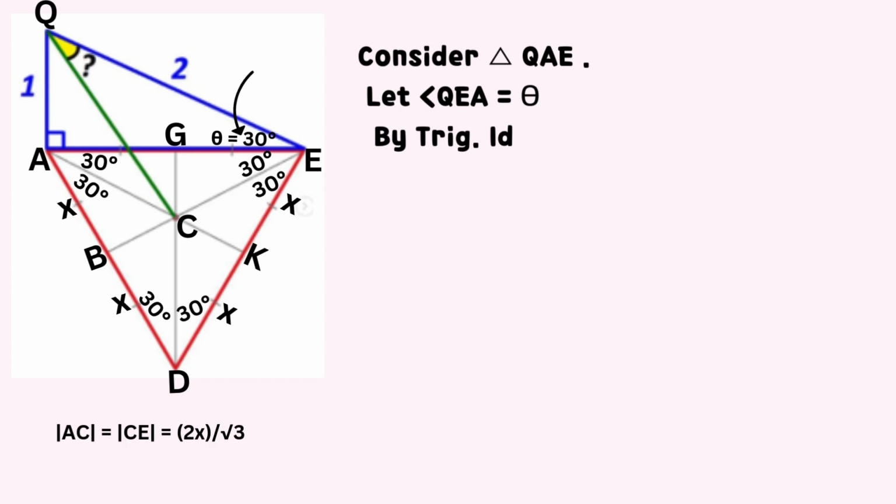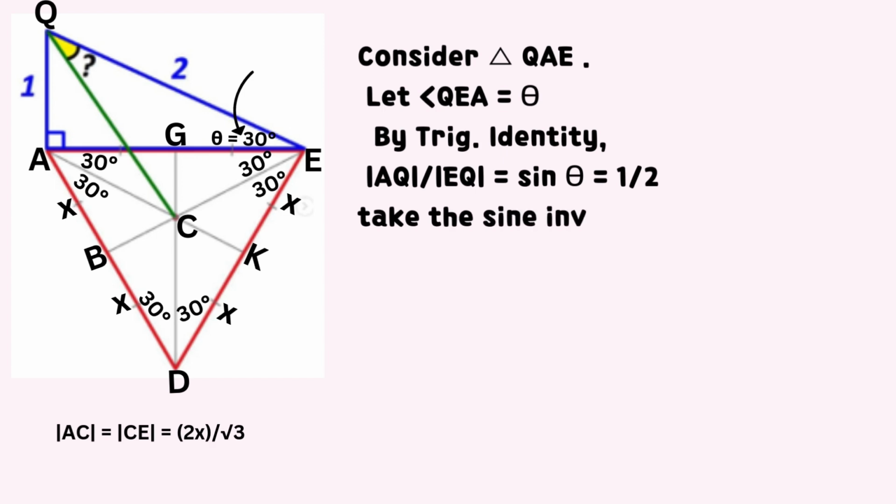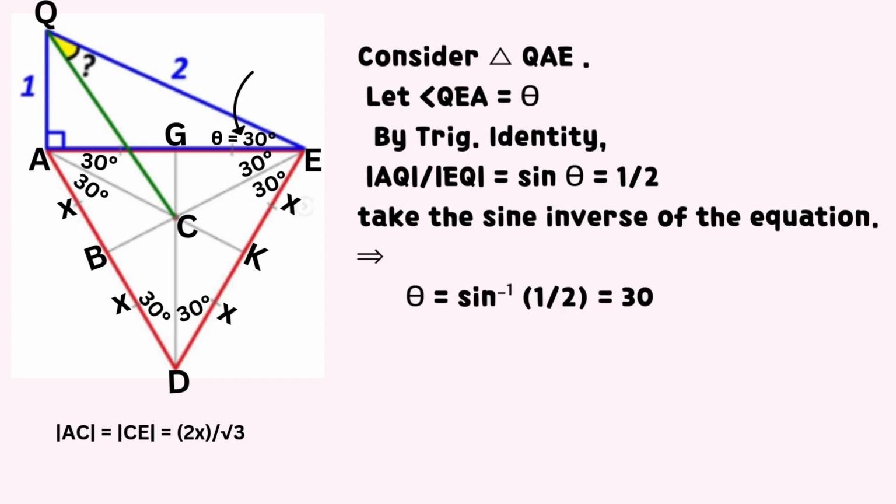Consider triangle QAE. Let angle QEA equal theta. By trigonometric identity, line AQ divided by line EQ equals sine theta, which equals half. Take the sine inverse of the equation.